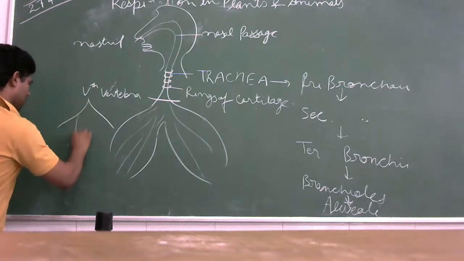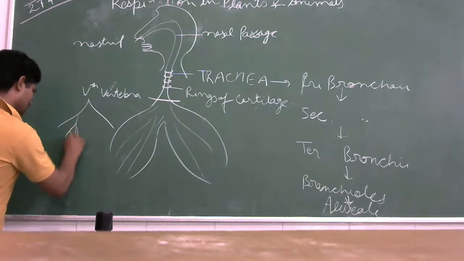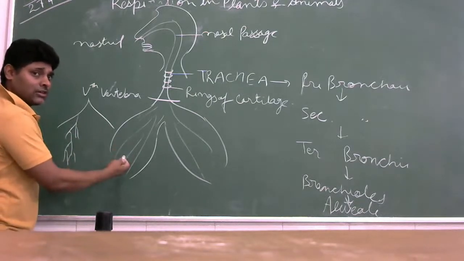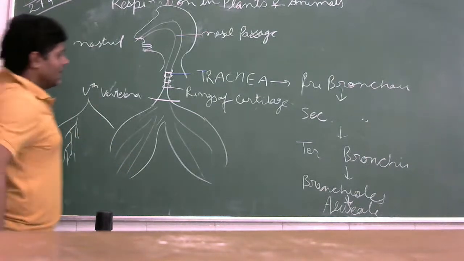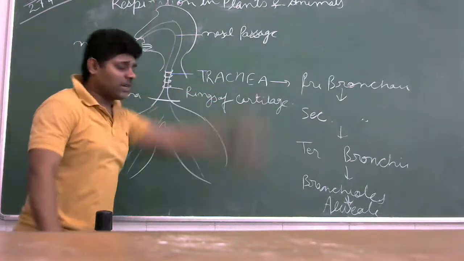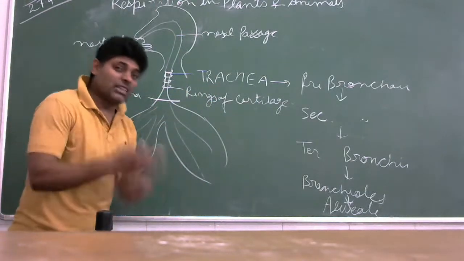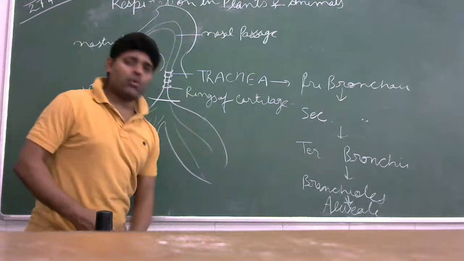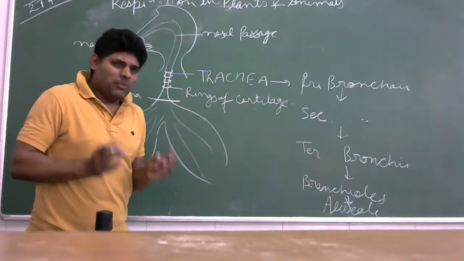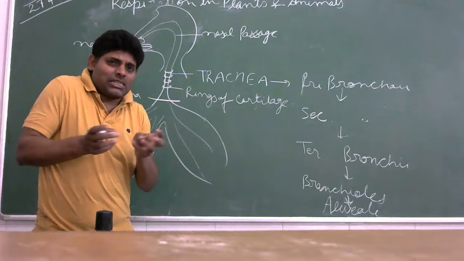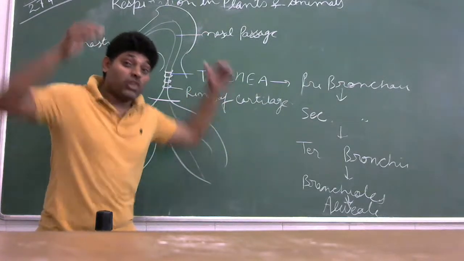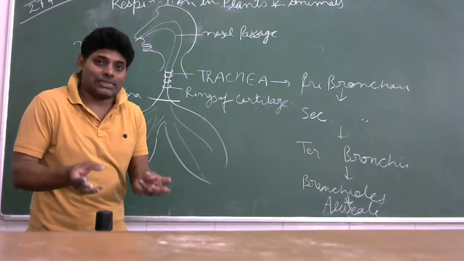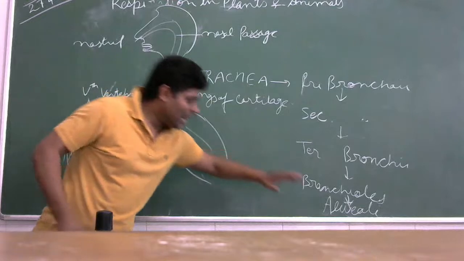Again it will branch, again it will branch, and this is the branching and rebranching of the pulmonary tree. Then the primary bronchi further branch into the secondary bronchi, then the tertiary bronchi, then again branch and make small chamber-like structures, that is bronchioles, and these smallest chambers again make smallest sac-like structures or chambers that are known as the alveoli.